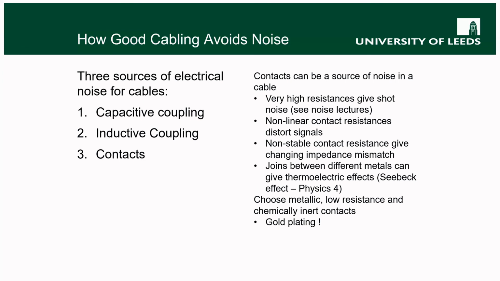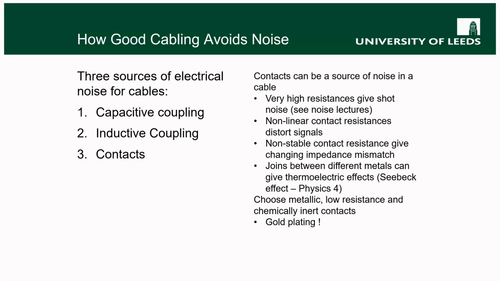So then the final problem is contacts. Contacts can be a source of noise in a cable in a variety of different ways. First of all, if you have very high resistances, then you get an effect of shot noise, which we'll discuss in the noise lectures. That's the case where the conductors joining up your cable have got horribly corroded or something and are not making a good connection any longer, and you have a lot of oxide on the connector there.